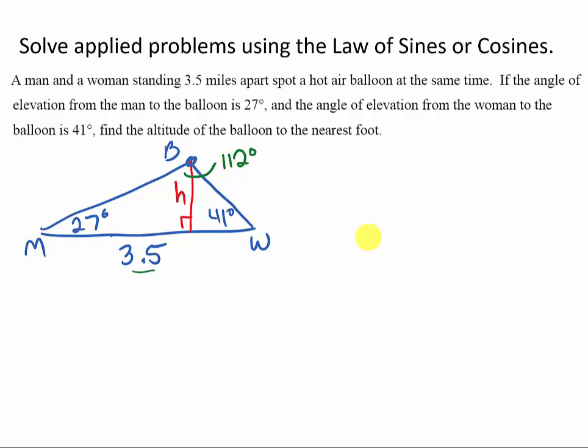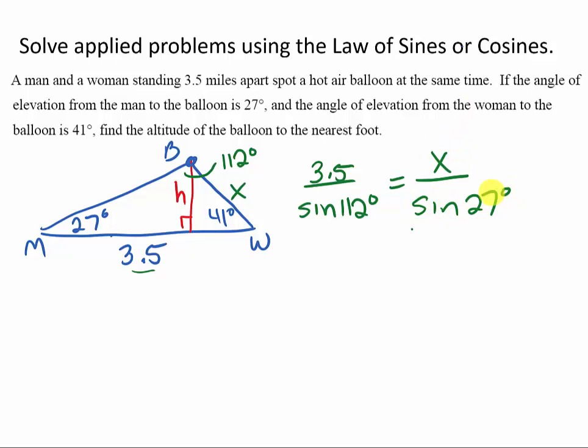So I'm going to set up a law of sines using that angle and the side opposite that pair, and I'm going to find the hypotenuse of this right triangle that's right here. So I'm going to set up 3.5 over the sine of 112, and then that's going to equal x over the sine of 27.